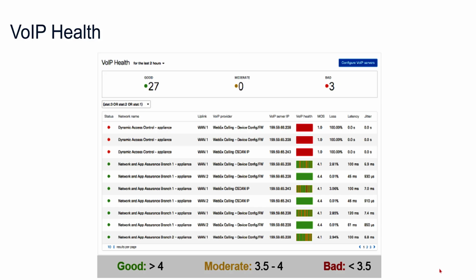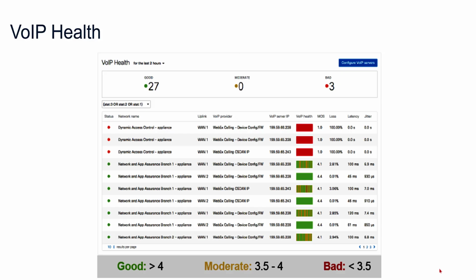The mean opinion score is a scale of 1 to 5. That represents the perceived call quality for that voice over IP call. And technically anything above 3.9 in at least Cisco voice over IP networks is considered toll quality, but 4 is a good number to work with, right? Anything above 4 is good. 3.5 to 4 is moderate, and then anything below 3.5 is bad.